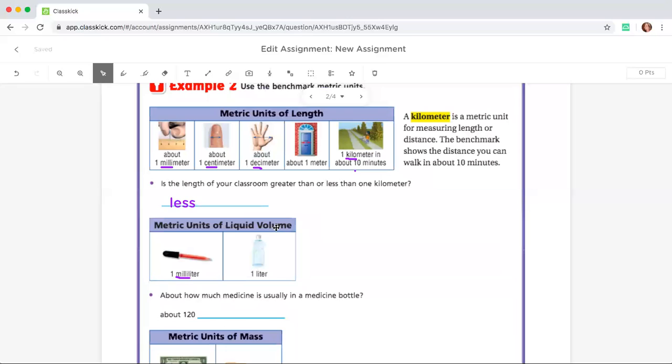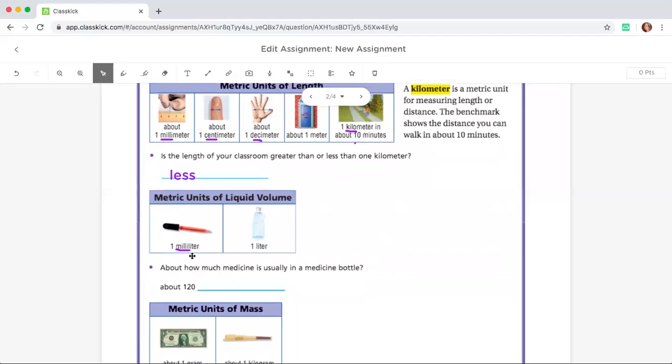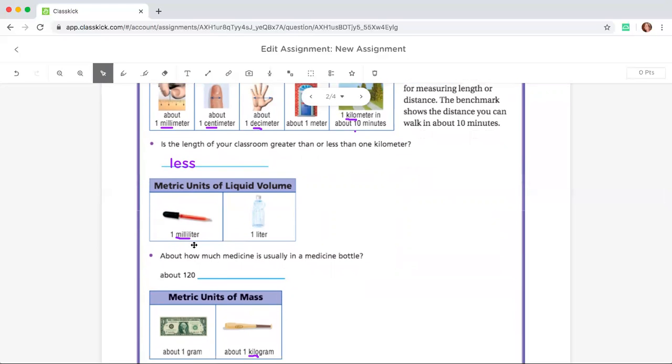Units of liquid volume. On the other page, we had customary units that were gallon, pint, cup, ounce. For liquid volume in the metric system, we have milliliters and liters. You might also sometimes see deciliters, but not very often.